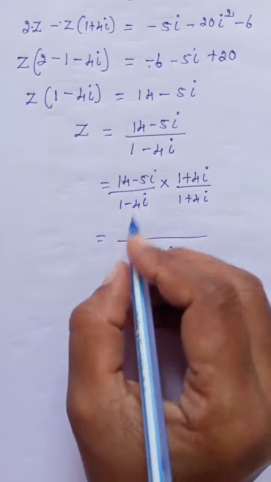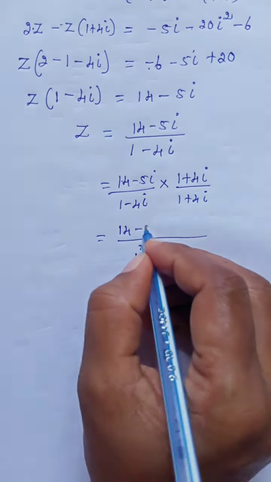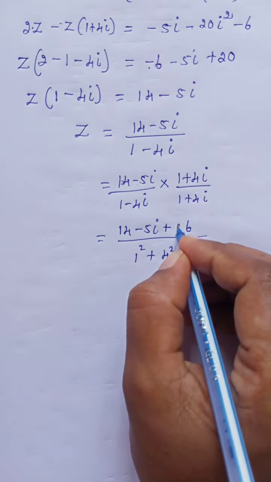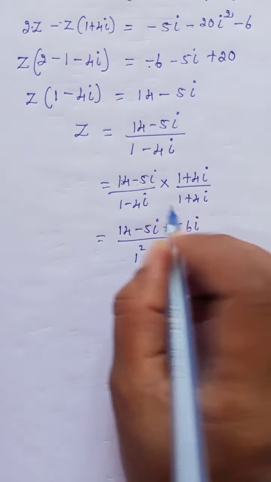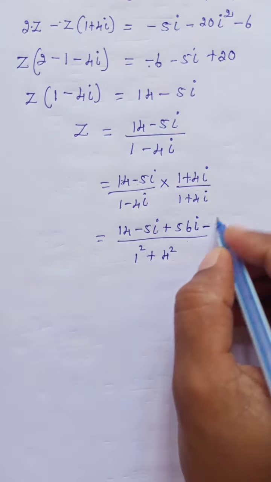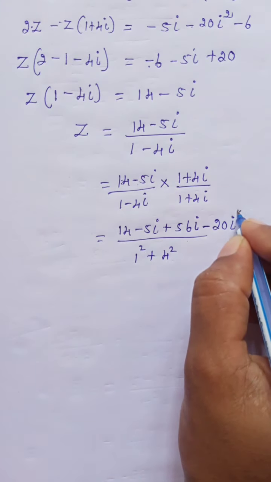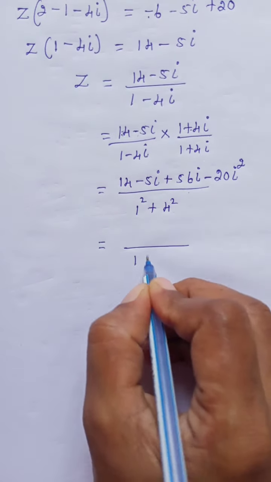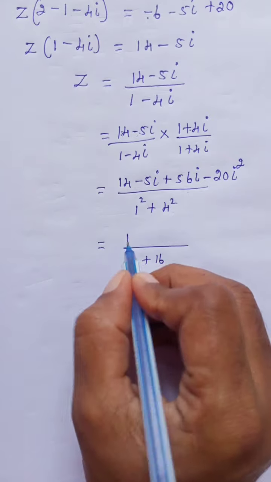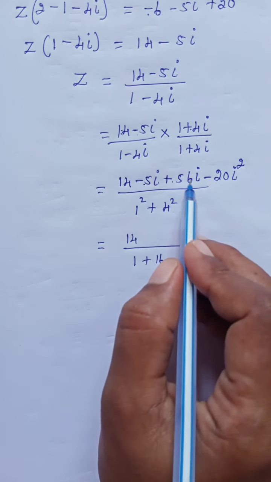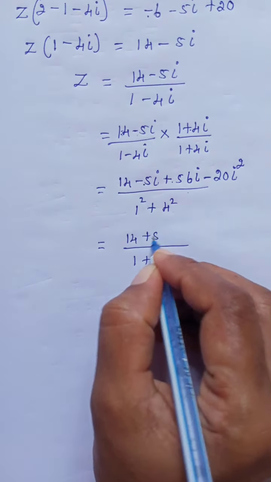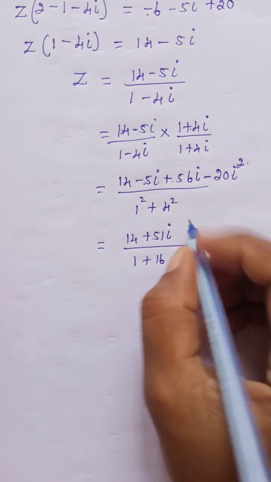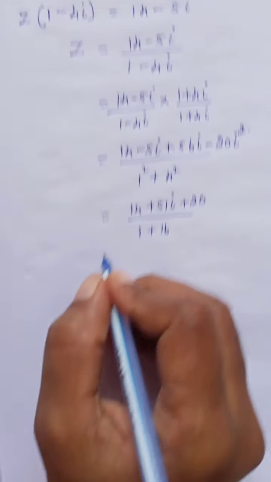Numerator, we can multiply 14 into 1, 14 minus 5i plus 14 into 4, that is 56i, minus into plus, minus 5 into 4, 20, 20 i square. Now this is the denominator, 1 plus 16. Numerator 14 minus 5i plus 56i, that is plus 51i. i square the value is minus 1, so it will become plus 20.